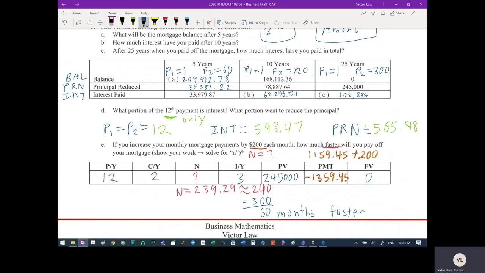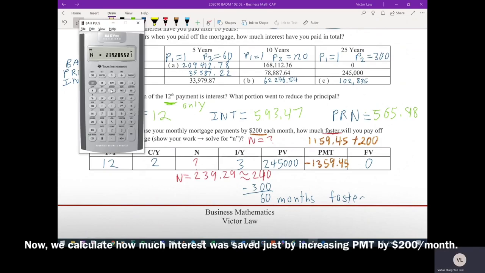And we can also look at the consequence of how much interest we paid, right? Because we know that after 25 years, we paid a total of $102,835. So that's how much we paid in total for the 25 years. So if we use second function, AMORT, P1 is 1, P2 is 239, because we only have 239 payments left, we will see the total interest we paid.